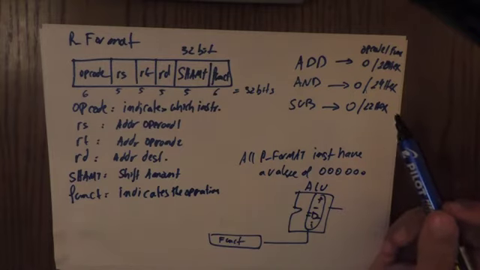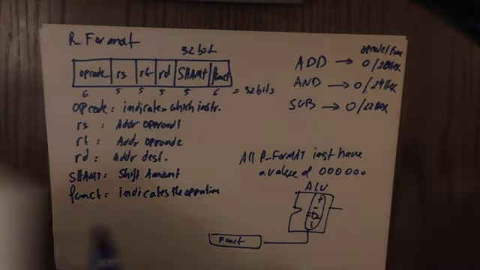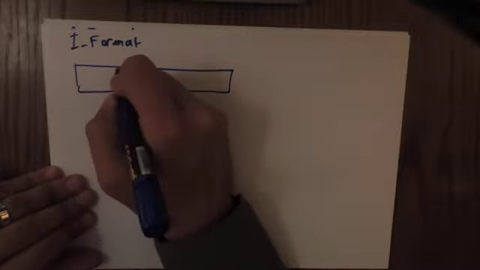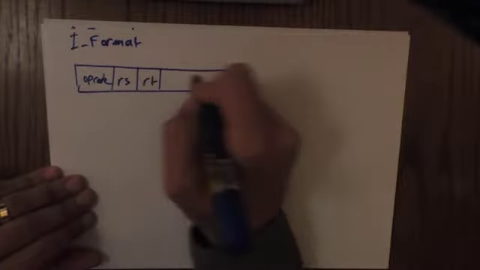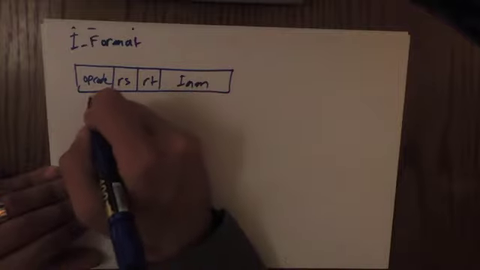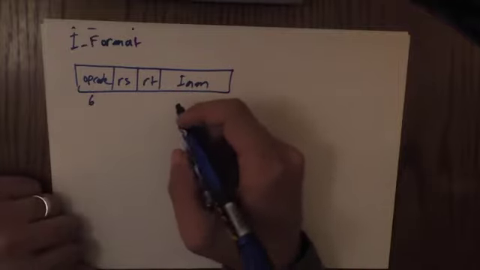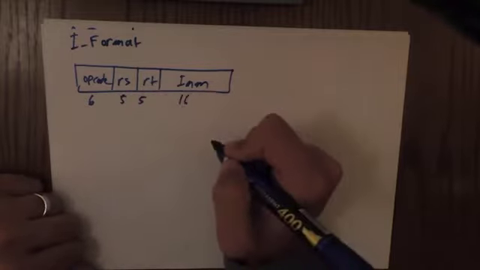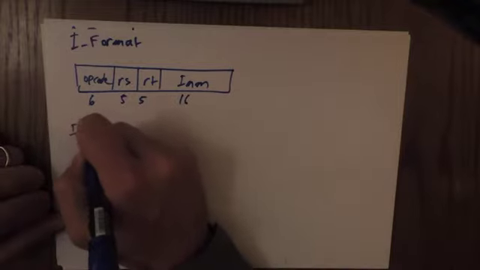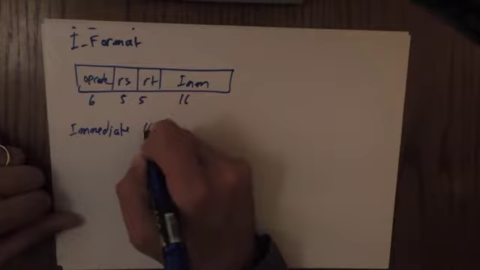Now let's check the I format. This is the I format. With the I format, the instruction has an opcode, RS, RT, and an immediate. The opcode is 6 bits, fixed for all instructions, the registers are 5 bits each since they're limited by the register file, and we have a 16-bit immediate. The immediate, or the constant in our case, is 16 bits.